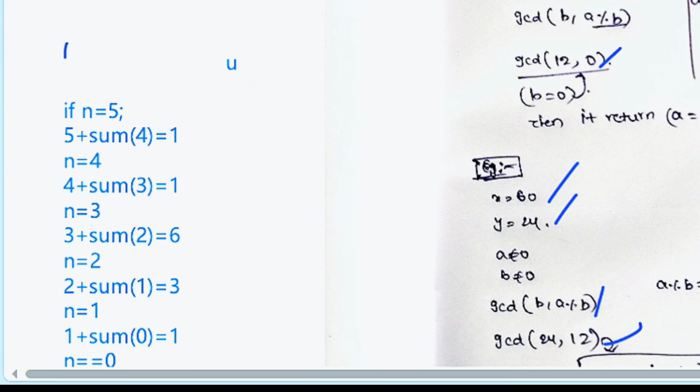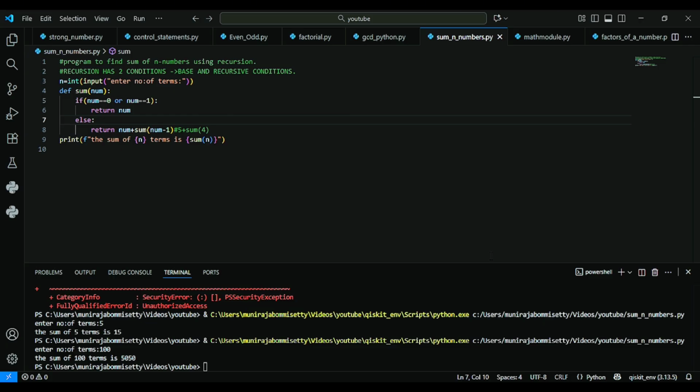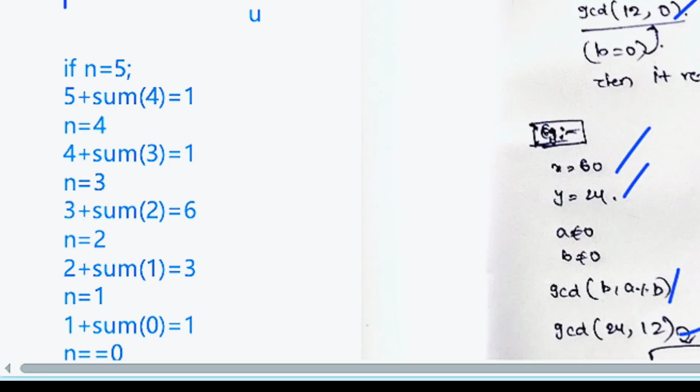Now finally n is updated to 0, right? If n is 0, then the sum of 0 terms is 0, right? Here the sum of 0 terms is 0 and 0 plus 1 is finally updated to 1. Sum of 1 is nothing but 1. 1 plus 2 is 3.